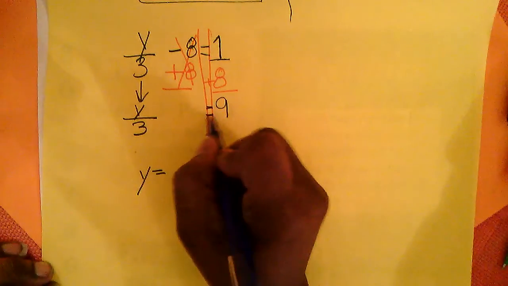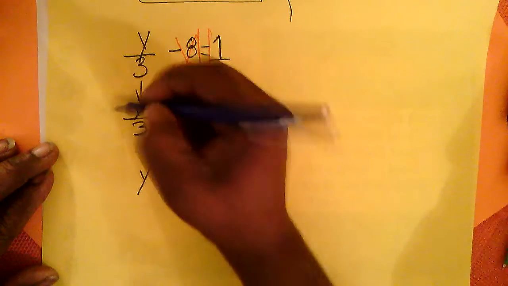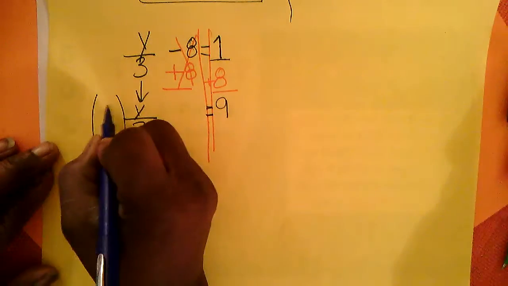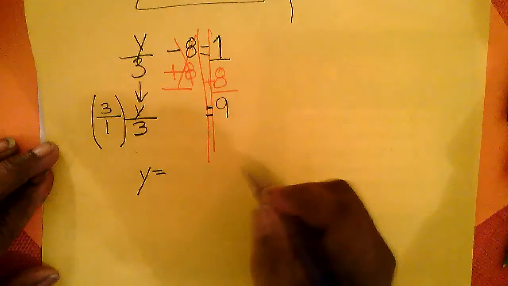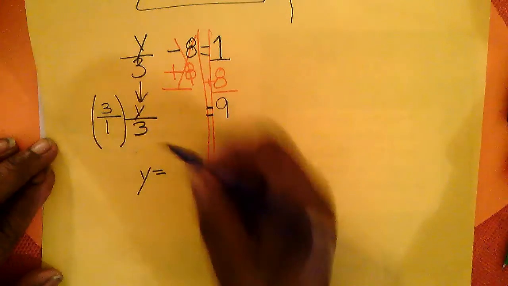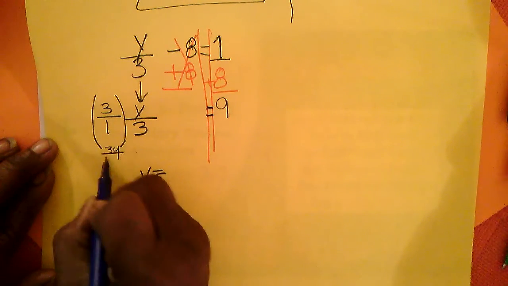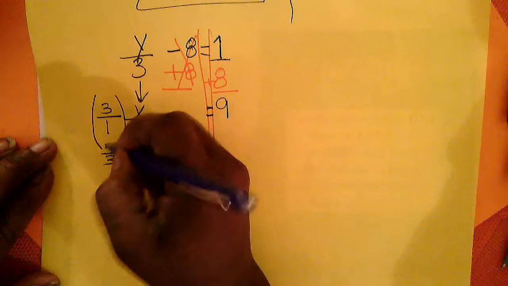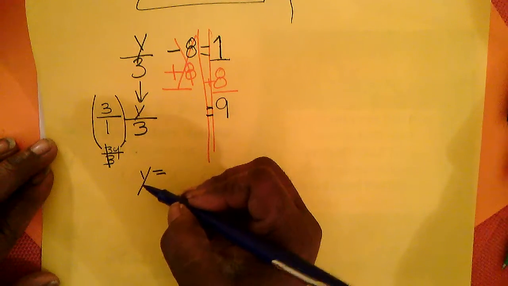Now, we've talked about it before, but to eliminate the fraction, we are going to divide by the reciprocal, or you can say we are going to divide by the denominator. This turns into 3y over 3, which we're familiar with, leaves us with y. So that's how we end up with our y here.